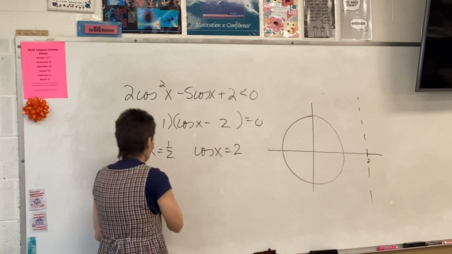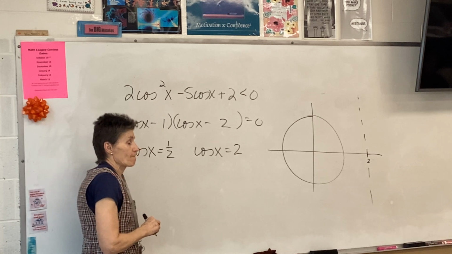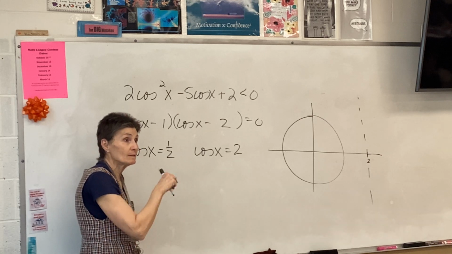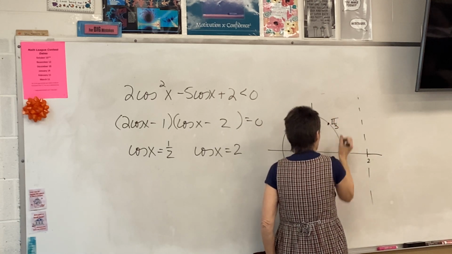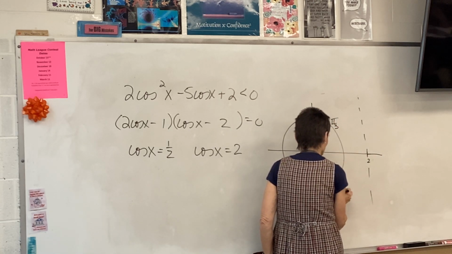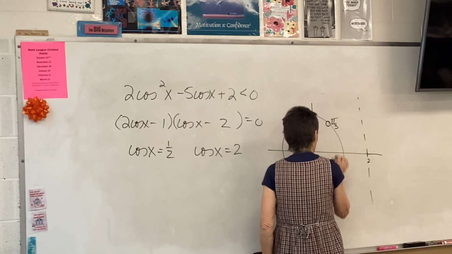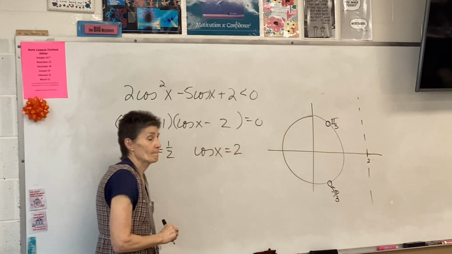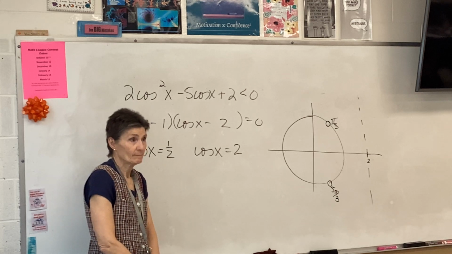Okay. Now, where does cosine equal 1/2? Pi over 3 and 5 pi over 3. So here's pi over 3, and here's 5 pi over 3. And this is a less than, so I'm going to put open dots there. Okay, are you with me?